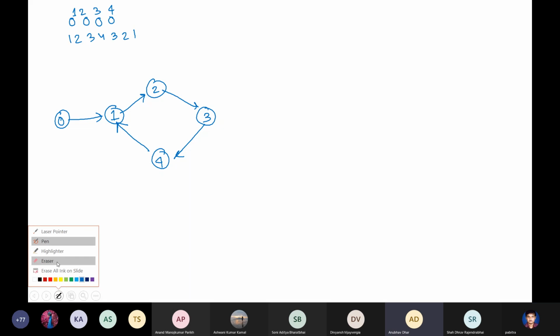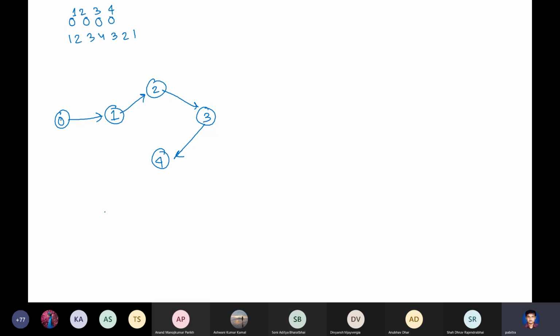Sir, we can keep 2 copies of 2 and 3, like 2 prime and 3 prime, and then make a path from 4, 3 prime, 2 prime, 1. So you have 2 copies of 2 and 3. Yes, sir. So it's 1, 2, 3, 4, and 4, 3 prime, 2 prime, 1.